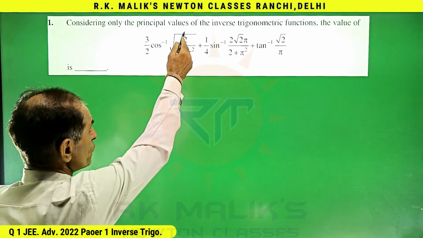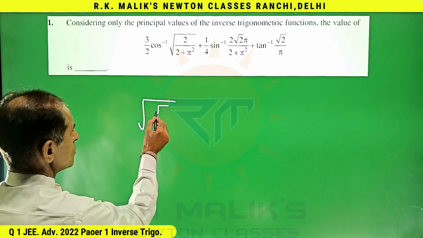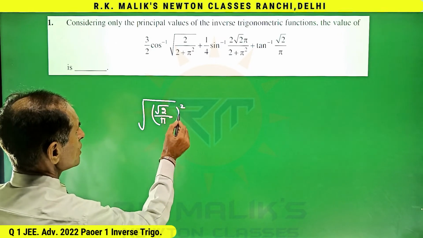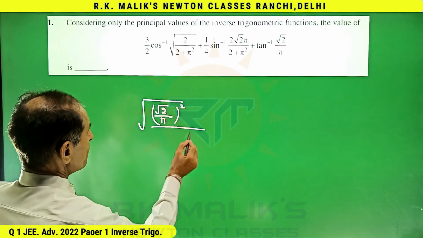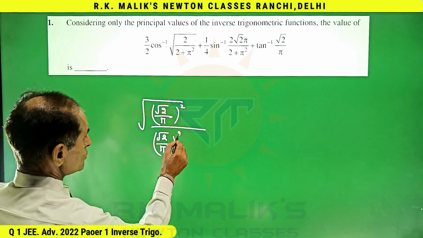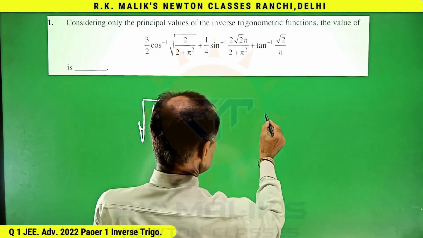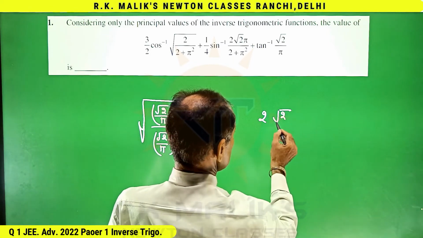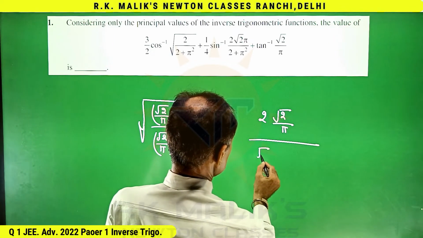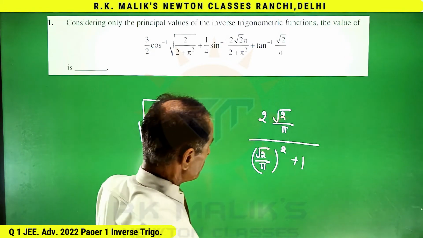That is, if you see this thing, this can be written as (root 2 upon pi) whole square upon (root 2 upon pi) whole square plus 1, and this can be written as root 2 upon pi upon (root 2 upon pi) whole square plus 1.